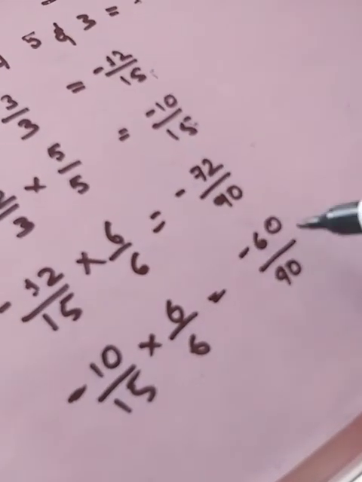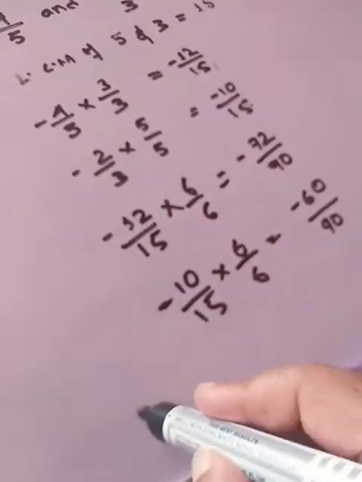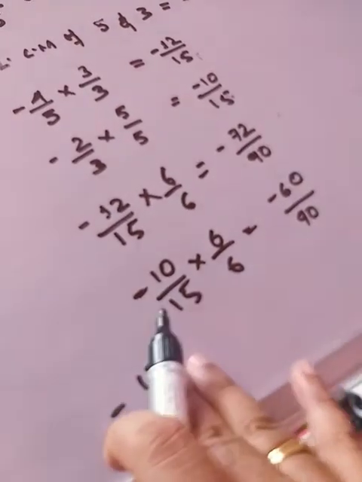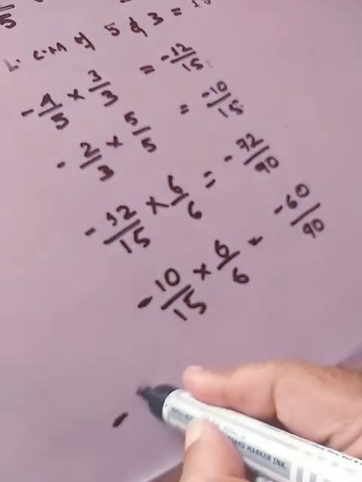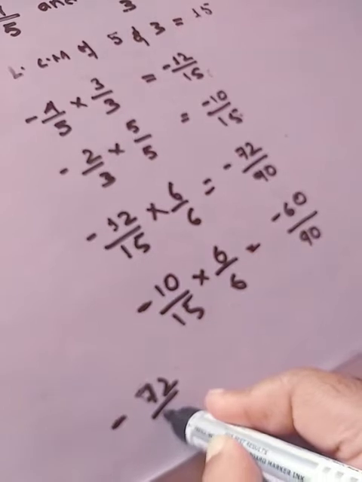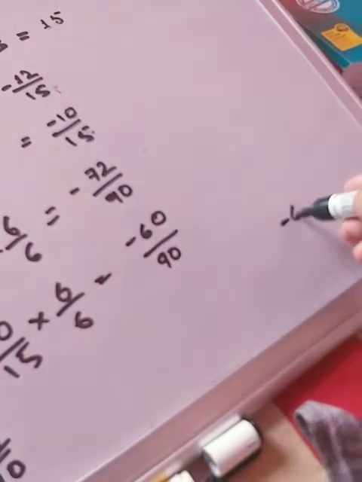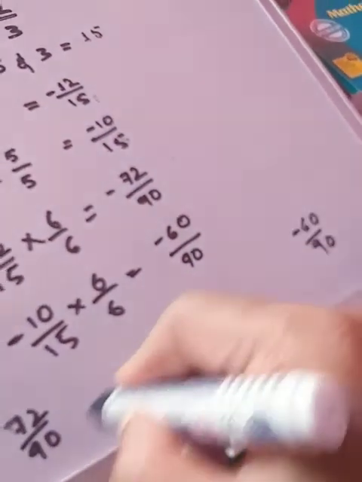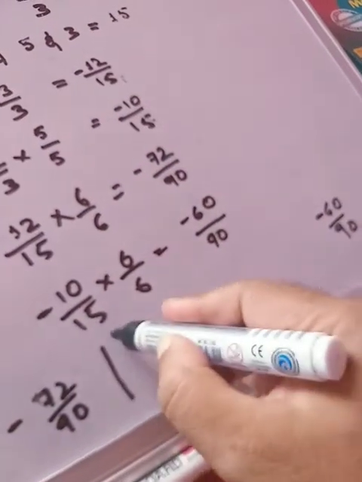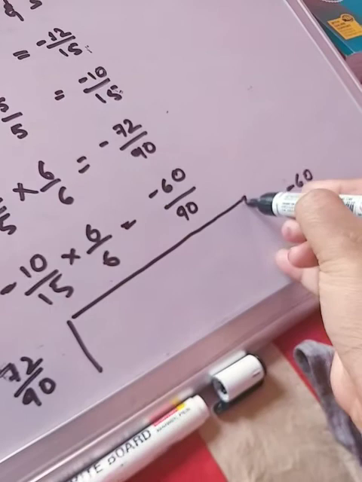So there are so many numbers between minus 72 and minus 60, isn't it? So we can write just 5 numbers. Minus 72 upon 90 and minus 60 by 90. There are so many numbers, so you can just select any 5 rational numbers between these two.